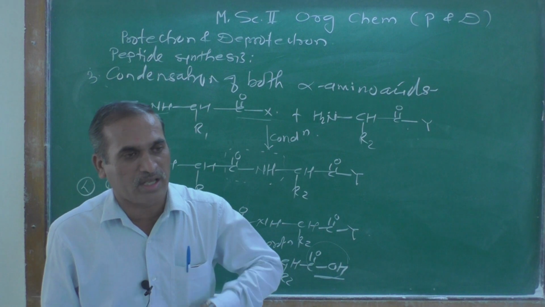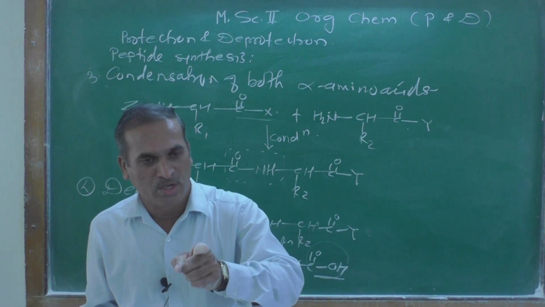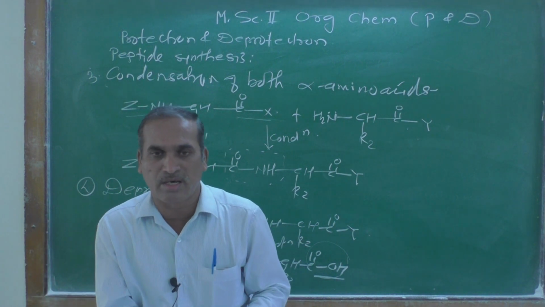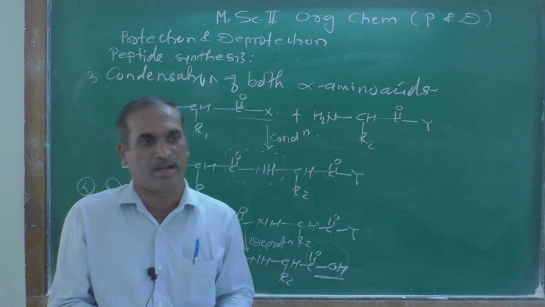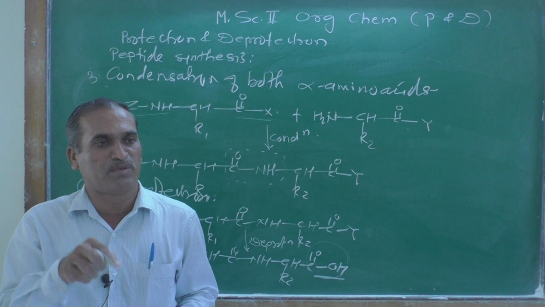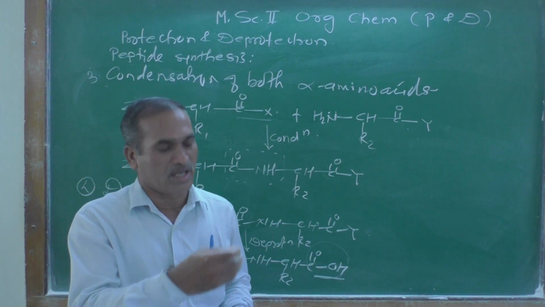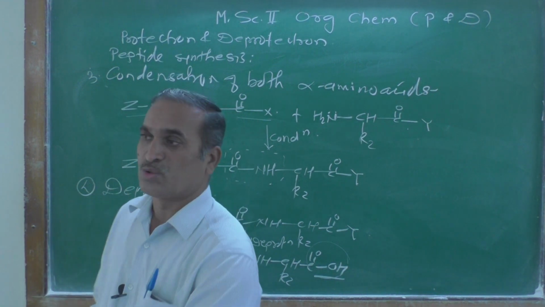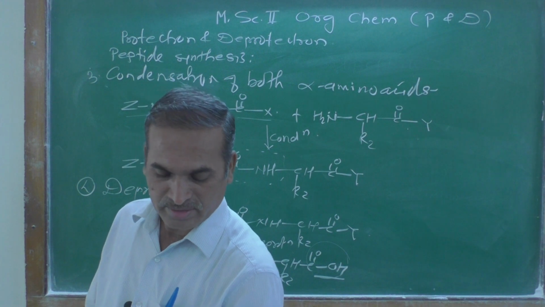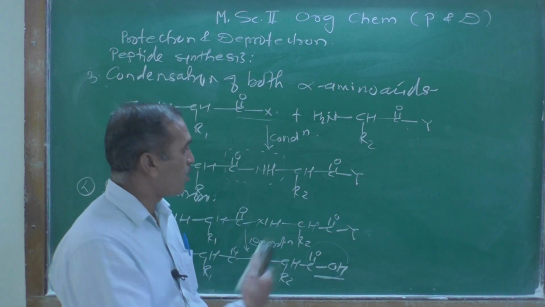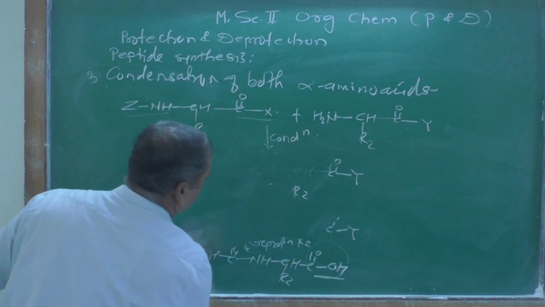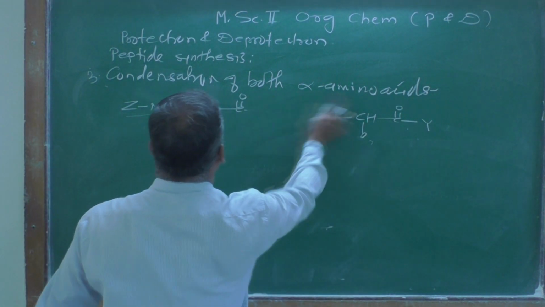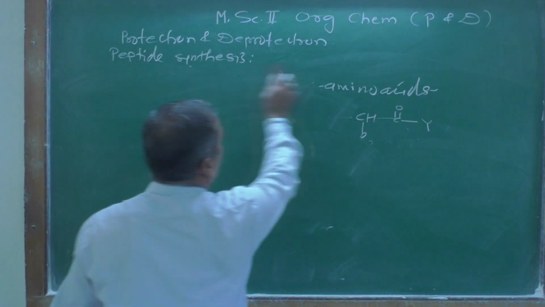One rotates the plane of polarization to the right-hand side, another rotates it to the left-hand side, and that type of mixture is called a racemic mixture. Let us see how the racemization occurs over here.